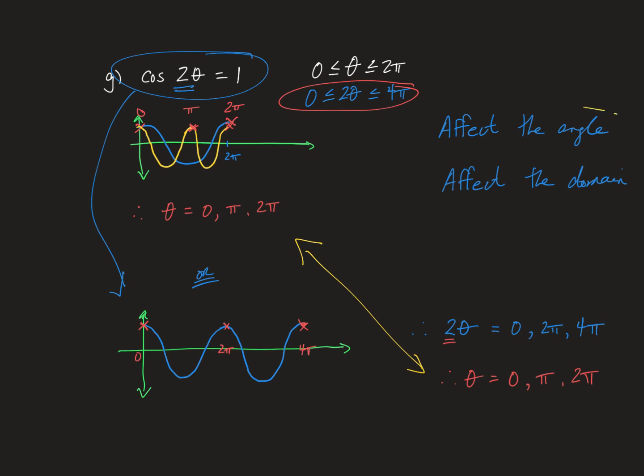I don't know if there's a more important thing that we can discuss right now than what I just circled. Anytime we affect the angle, we have to make sure we affect the domain. And if we have that same effect on our domain when we consider our solutions, then we'll make sure that we have all the solutions we need.